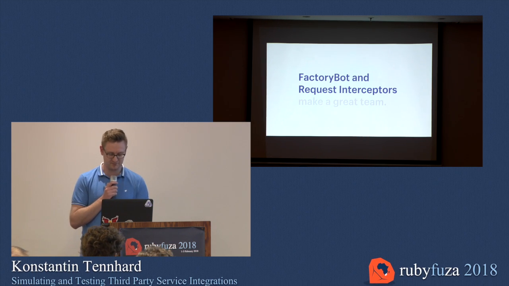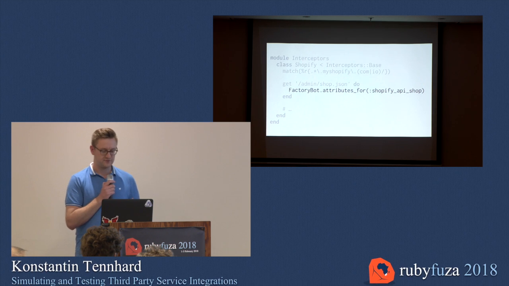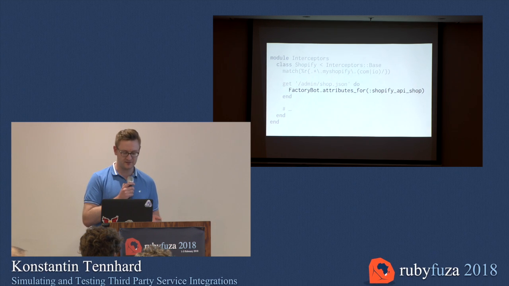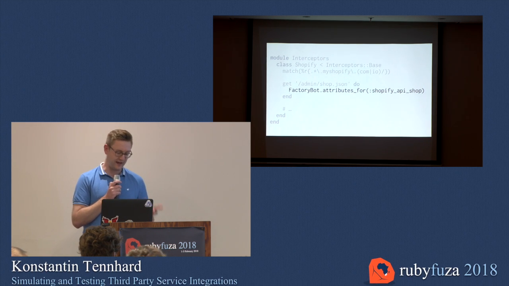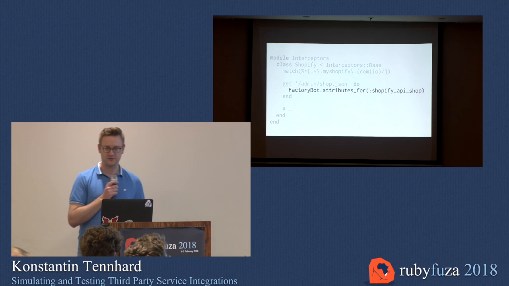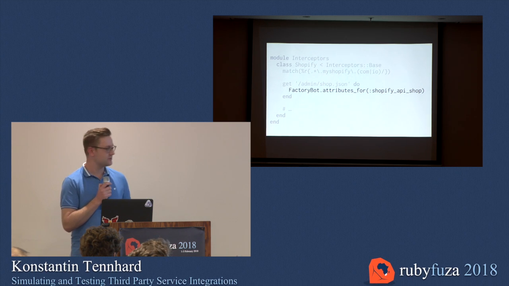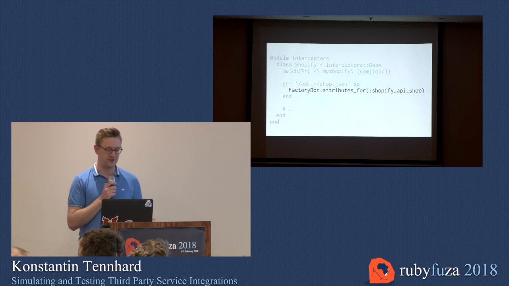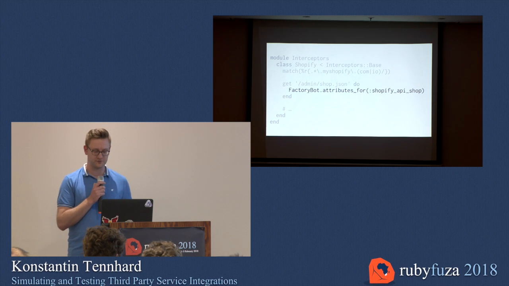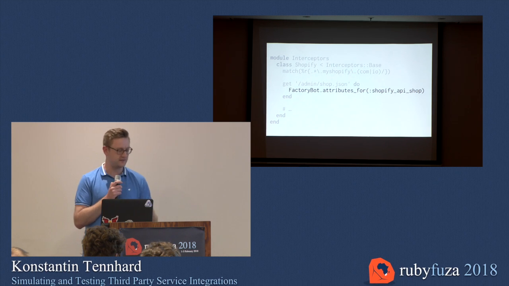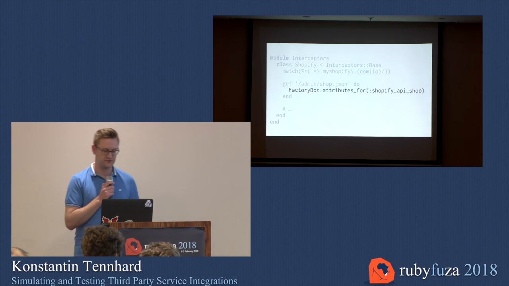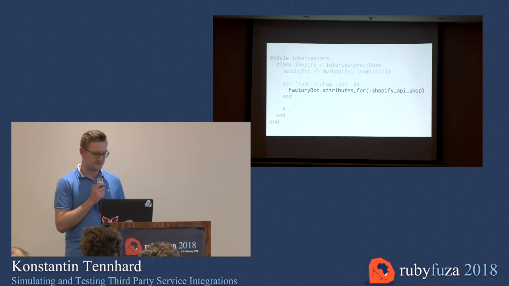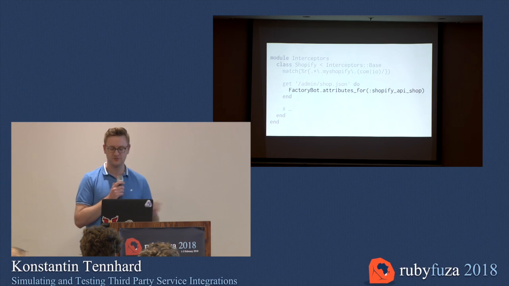And that's actually super trivial, because factory bot already gives you a method that gives you a hash representation of your factory rather than the concrete object. So all you really do is factory bot attributes for, and then you call the factory, and you can generate one large response object, in this case a representation of a shop.